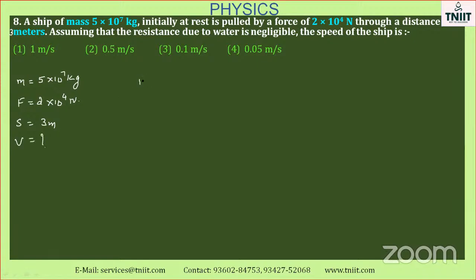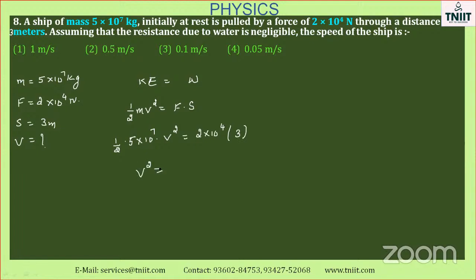According to the work-energy theorem, kinetic energy is nothing but work. Kinetic energy is half mv squared. Work is force into the displacement. Half into mass 5 into 10 power 7 into v squared equals 2 into 10 power 4 into displacement, which is 3.